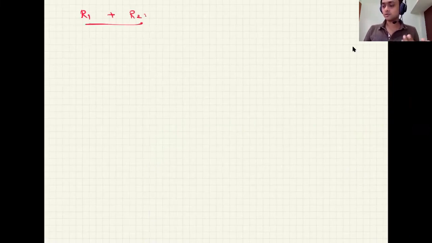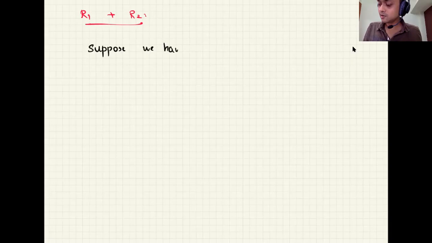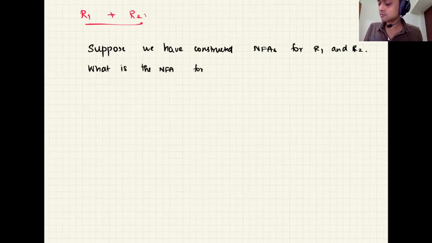Now suppose we have constructed NFAs for R1 and R2. How do we get the NFA for R1 plus R2? This is assuming that there is an NFA for each.